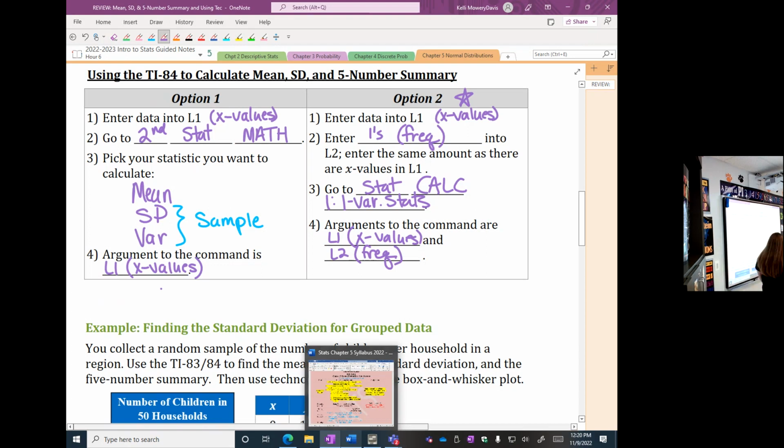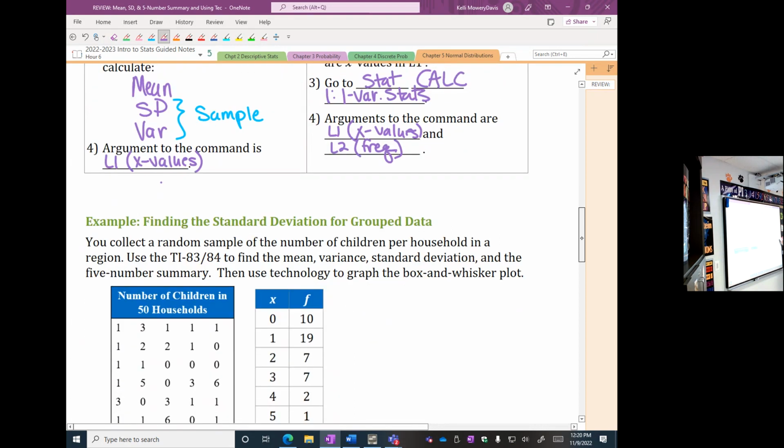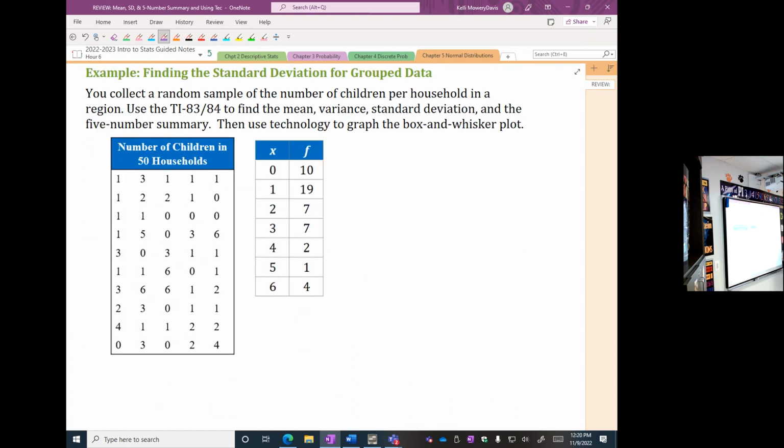Okay, so let's go ahead and try this now with a set of data that actually is a frequency distribution, not just a plain distribution. No frequency. This is actually a frequency. This should look familiar. We've done this before. It's a random sample of the number of children per household in a region. There are 50 of them on here.